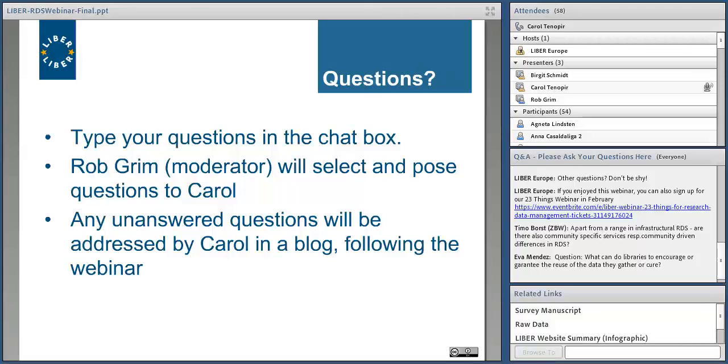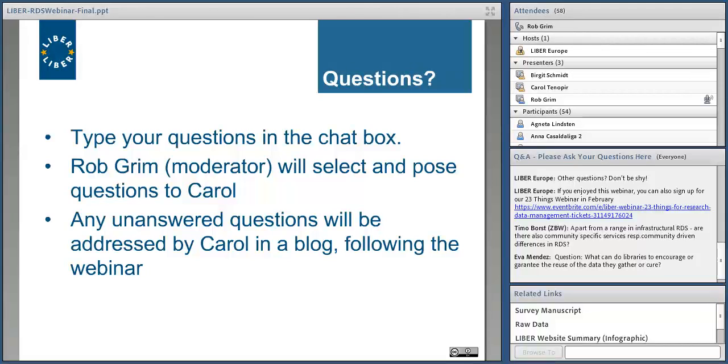The large research libraries are for sure the leaders in research data services. And that doesn't mean that the small ones can't offer something. They can offer links to services perhaps that the larger ones offer, or they can offer more reference type services.